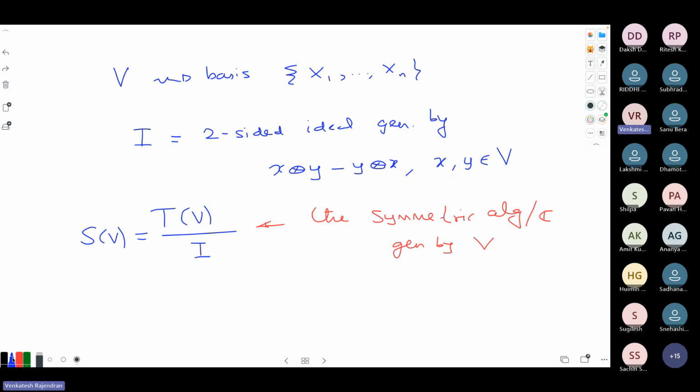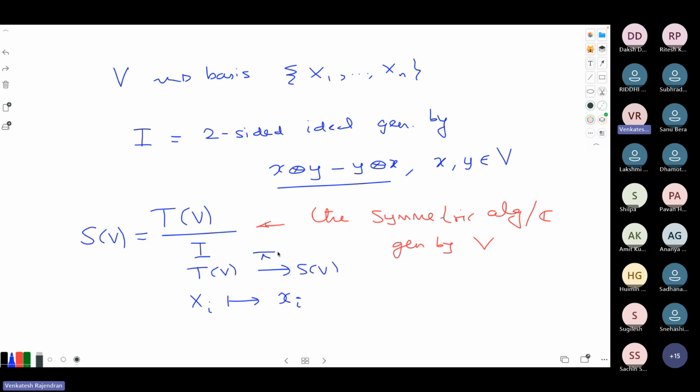Now it's easy to see that because you are going modulo these relations, when you take the image of Xi to be small xi, I'm assuming for this lecture that those small xi commute. You have this natural map from T of V to S of V, which is the quotient map.